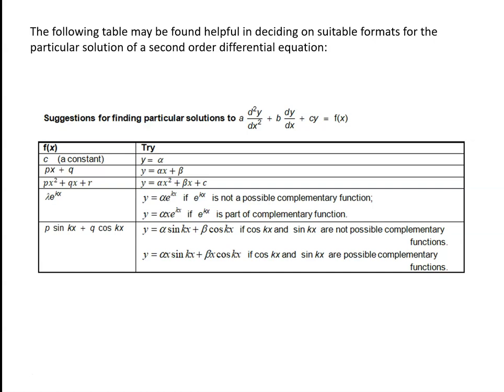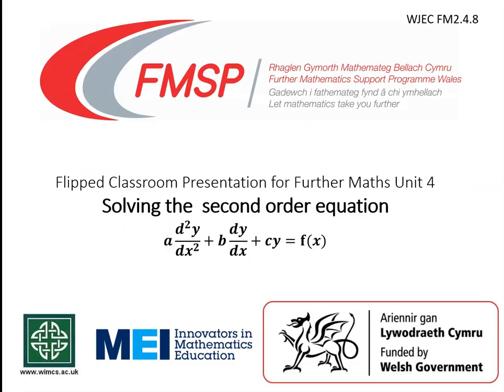If cos kx and sine kx are possible complementary functions, then you're going to have to try the more complicated alpha x sine kx plus beta x cos kx. So that concludes our look at solving second order differential equations of the form a d2y dx squared plus b dy by dx plus cy equals f of x.